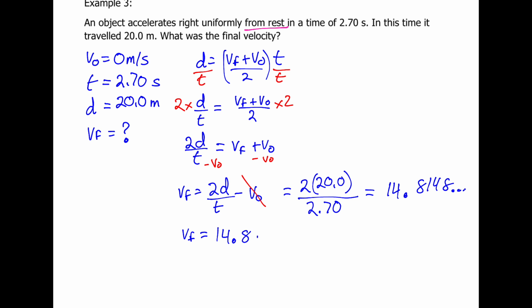And then it's a final velocity, so meters per second. It has a direction to the right in this case. And that's all the information I need. I have final velocity, the right number of significant digits, I have the correct units, and it's a vector, so I need a direction. So that's all of the things that we need for this question.